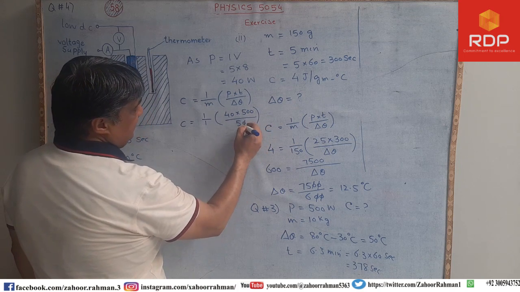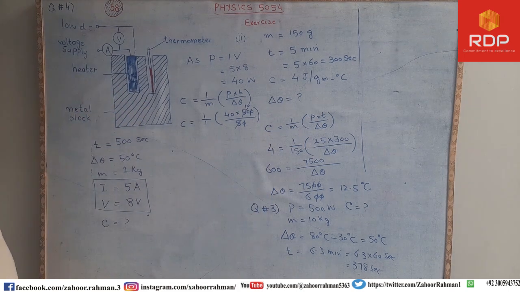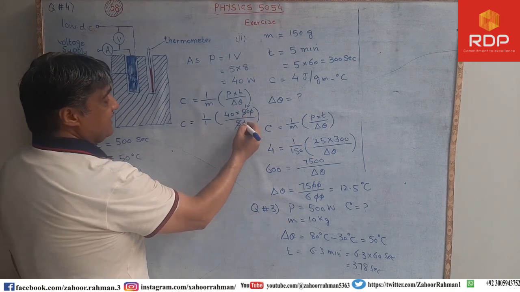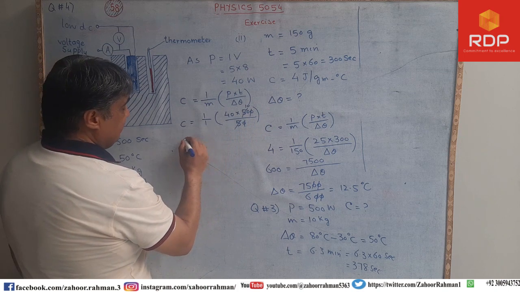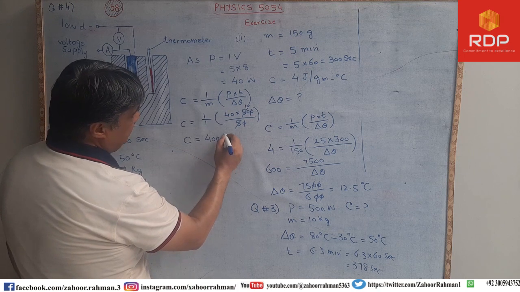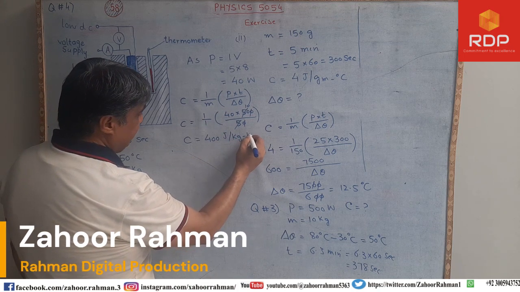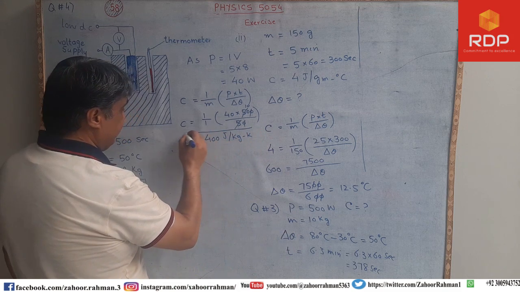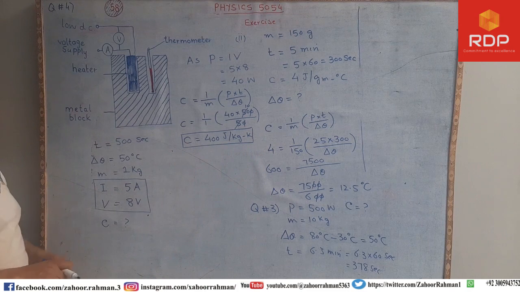Now it is the time to calculate this. So this 0 is cancelled with this, 5 ones are 5 and 5 tens are 50, and C is equal to 400 joule per kilogram per Kelvin, and that is the ultimate answer of this question.